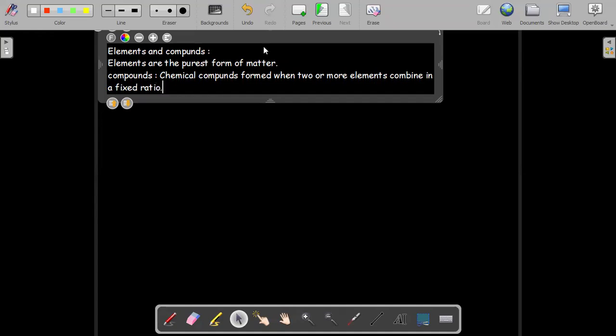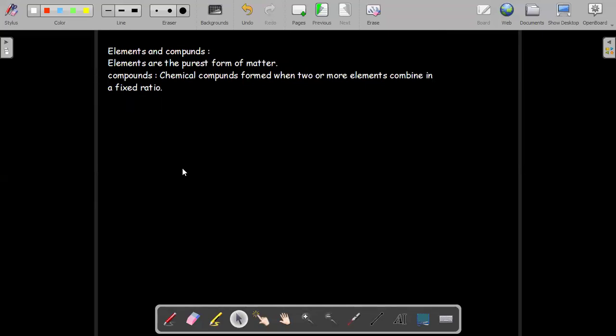So in the case of compounds, the ratio in which you will find the elements is fixed. But in the case of mixtures, the ratio is not fixed. The ratio can change. Also, here the chemical properties of the combining particles are changed.